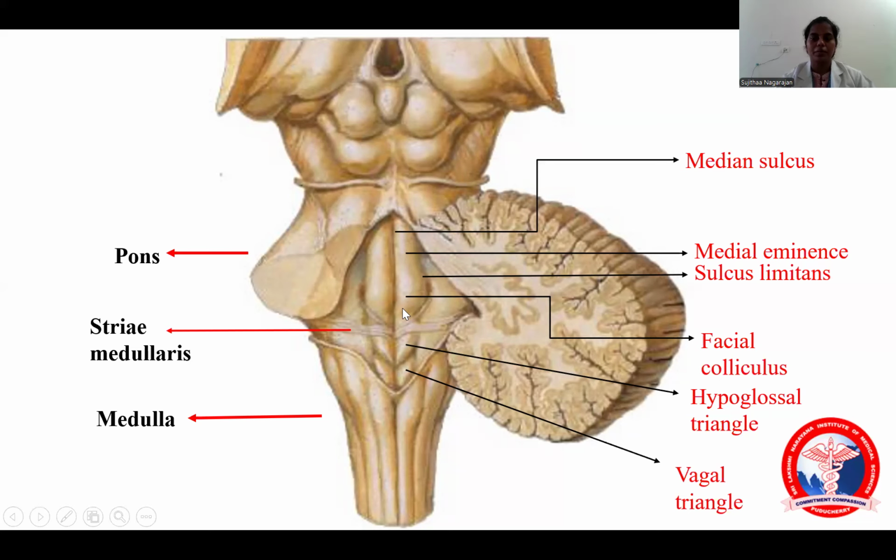Over the medial eminence, we have a rounded elevation called the facial colliculus. The facial colliculus is produced by the abducent nucleus hooked by the facial nerve fibers. Now, this is the posterior surface of the medulla where we have two triangles: the hypoglossal triangle, and below it the vagal triangle.